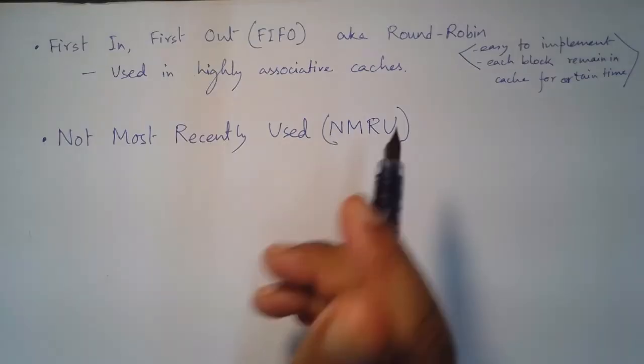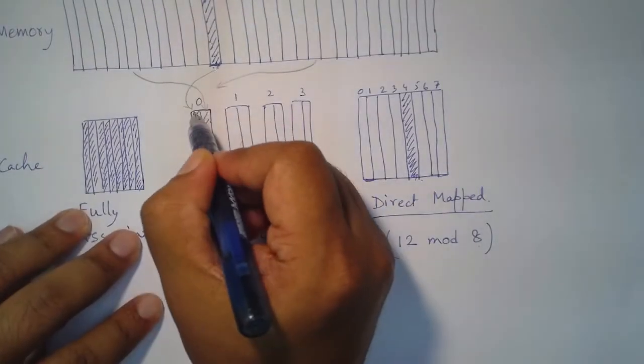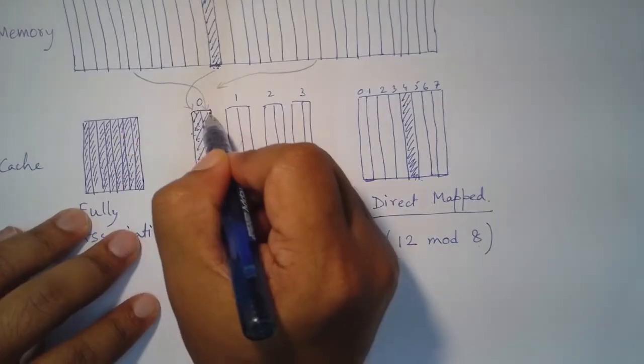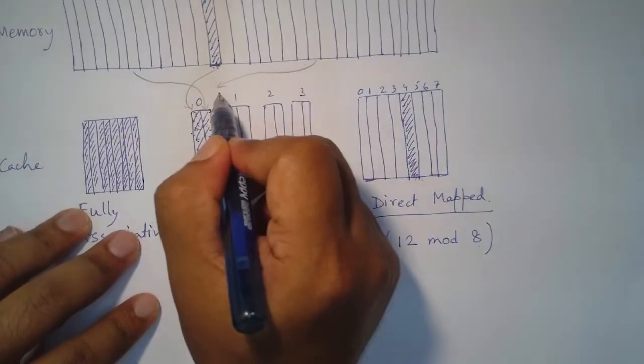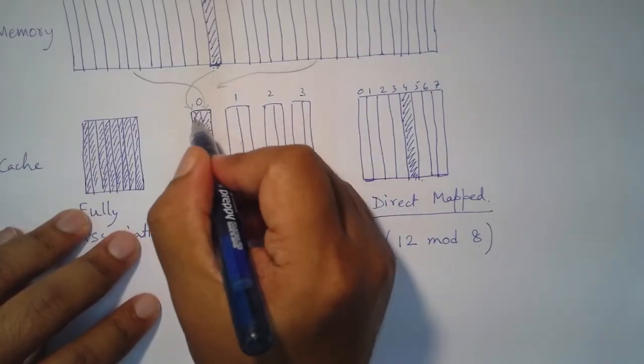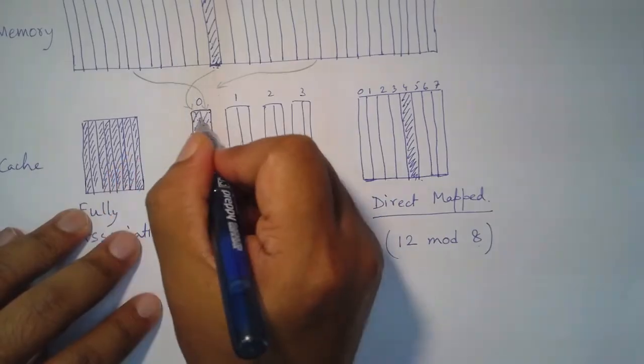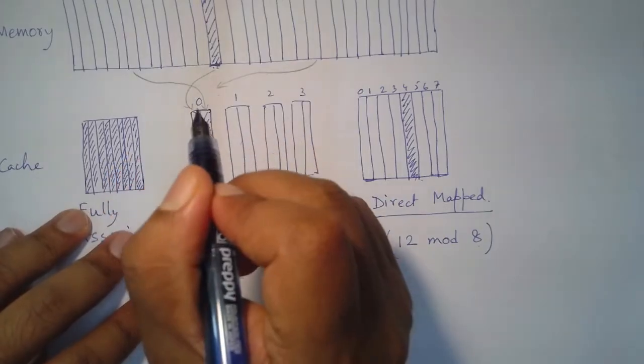So again coming back to here, let us say this block was brought in first, this block is second, and now I have to bring in the new block. Now if I just apply first in first out, I will replace this block, but along with the first in first out strategy, I will also apply another check.